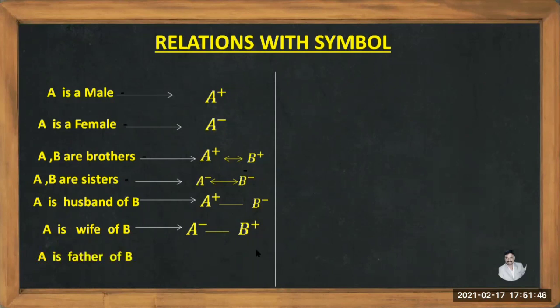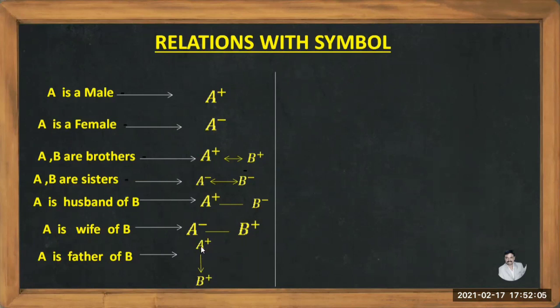It is the most important relation, my dear friends. If A is the father of B, then we can say that if B is a son, we show positive. B might be the daughter or son. If he is a son, positive. If he is a daughter, we write minus here.